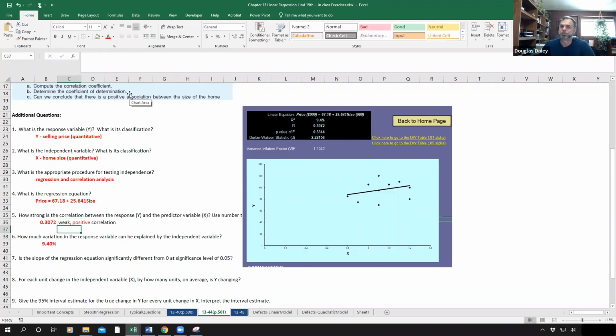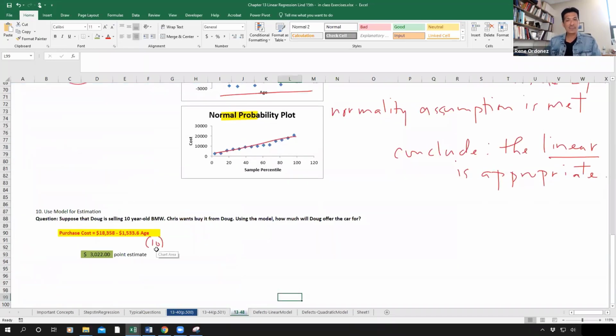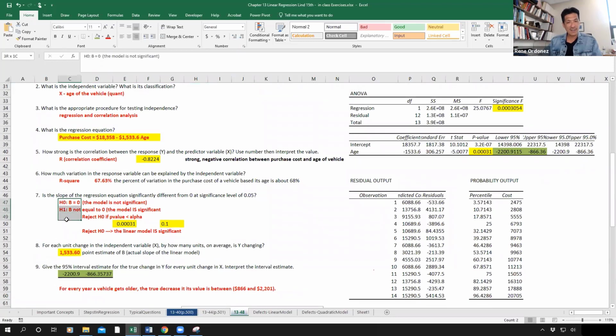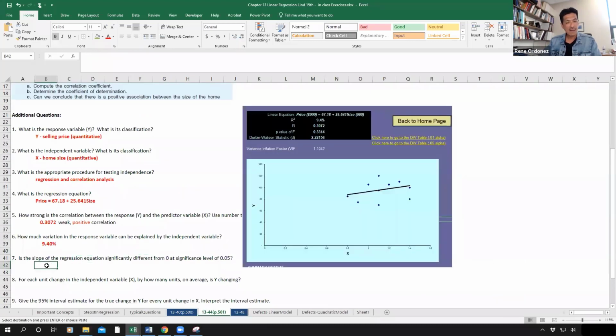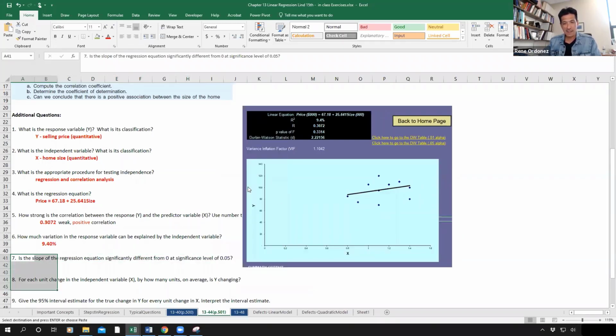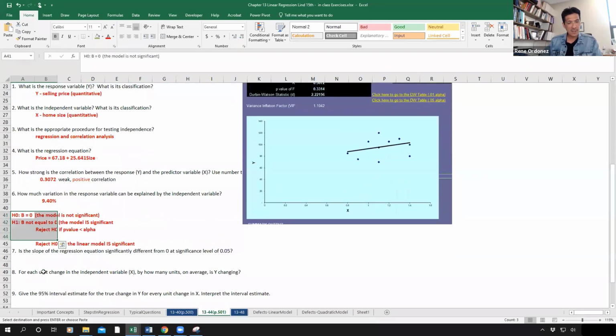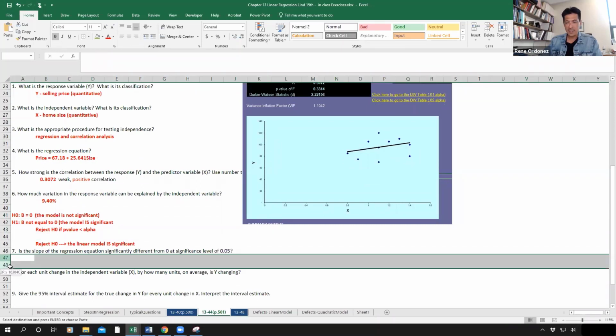All right. Okay, good. Now, number 7. Is the slope of the regression equation significantly different from 0? Let's copy the hypothesis we have over here. Copy this too. Before I do that, I need to insert a couple of lines.